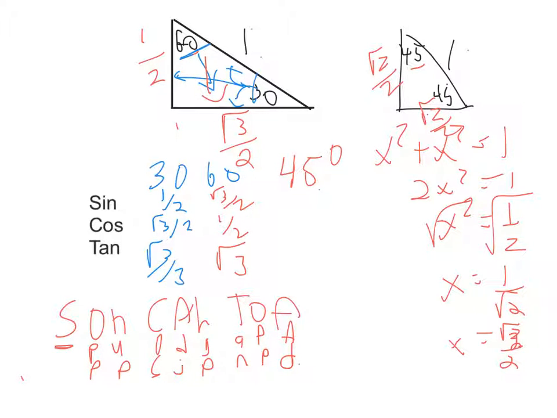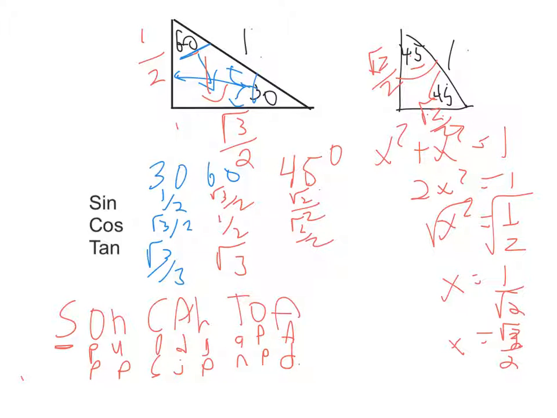For the 45-degree triangle over here, both my sides are root 2 over 2. So it doesn't really matter which angle I pick. My opposite and my adjacent are the same. So for sine, it'll be root 2 over 2. For cosine, it'll be root 2 over 2.